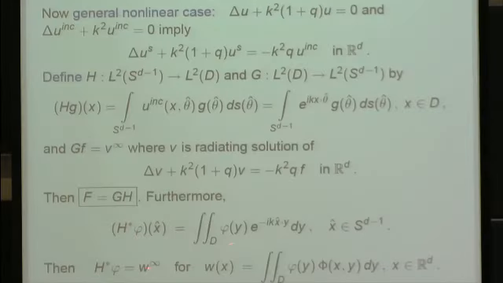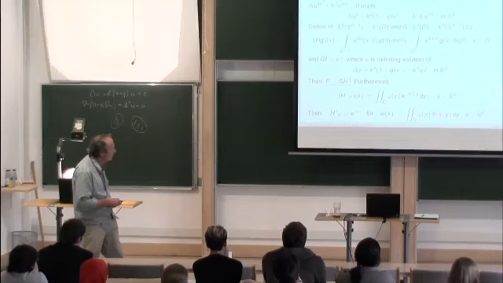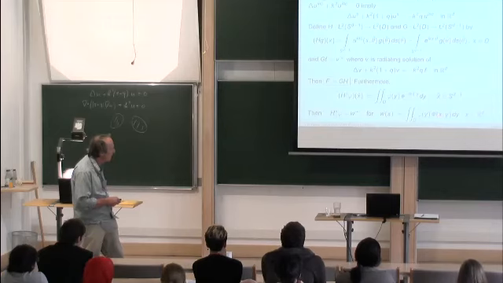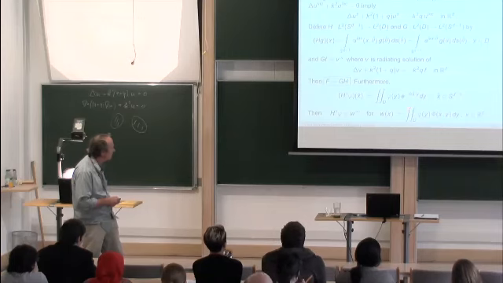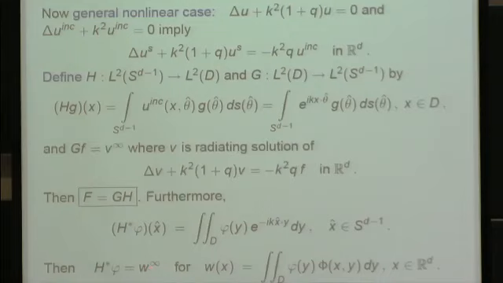This is a far field pattern for which, if you look at the volume potential here, the volume potential comes in very naturally, although we do not use the integral equation method, but nevertheless, here is the volume potential, and it is a radiating solution, and if you look at the far field pattern, the far field pattern of the fundamental solution is exactly this. So by superposition, this is the far field pattern of W. So you have that this is the same as the far field pattern of W there.